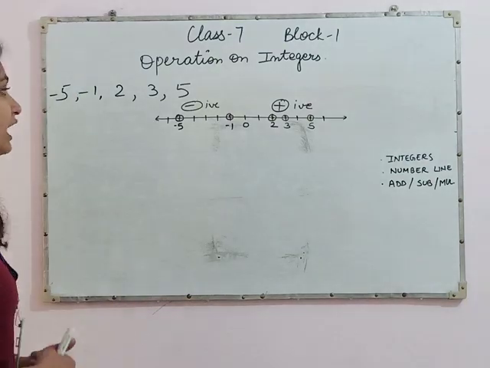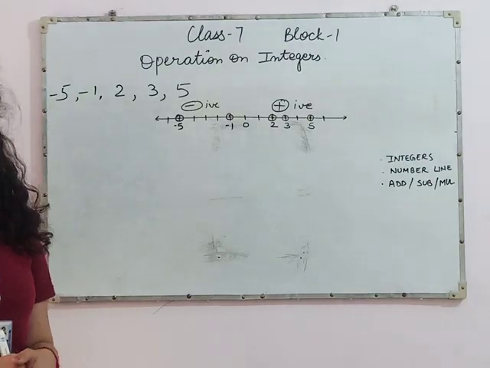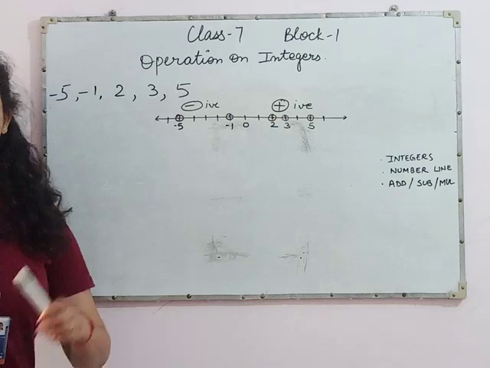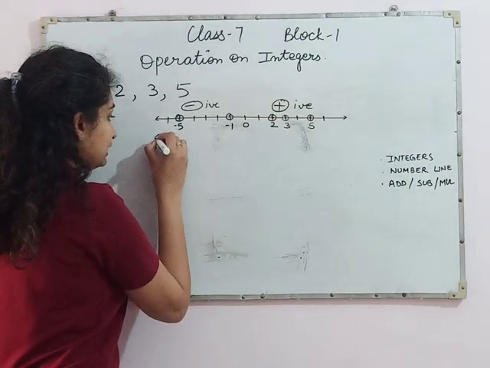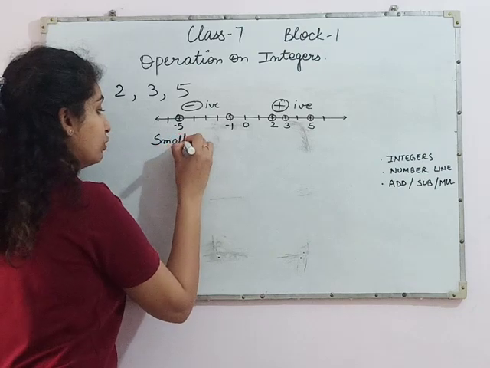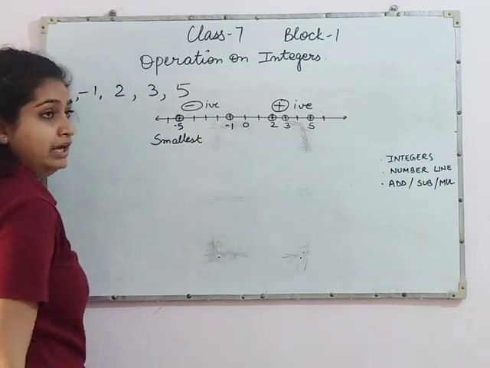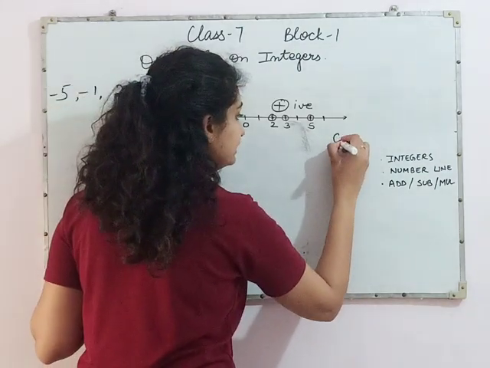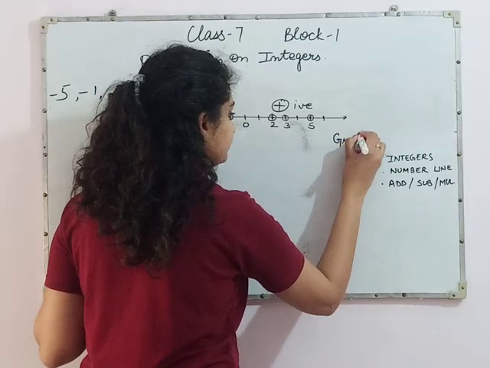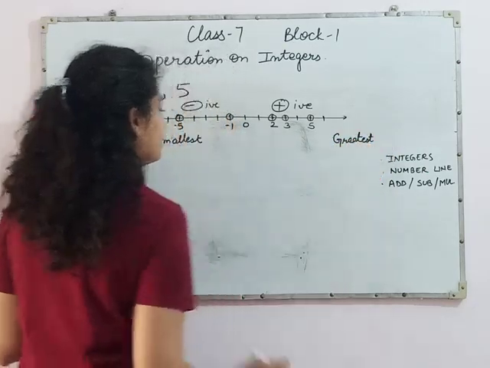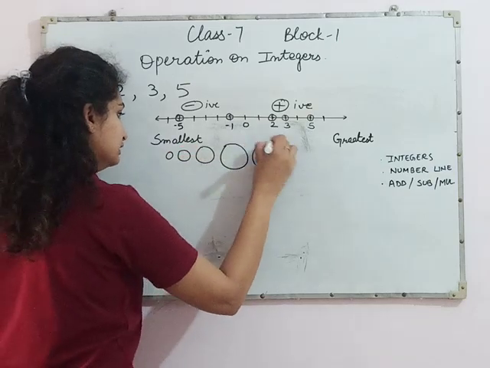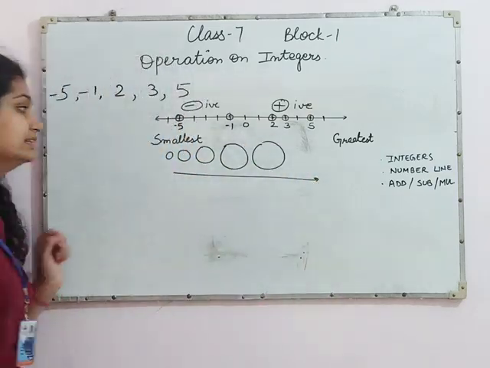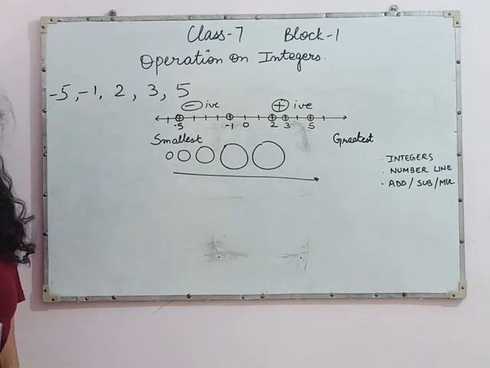If we have to compare these numbers, which one is bigger, which one is smaller, on the number line the leftmost number is the smallest one, and the rightmost is the greatest one. So it goes like this, increasing to the right side.